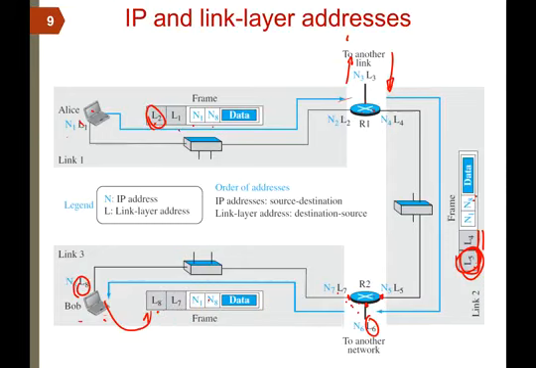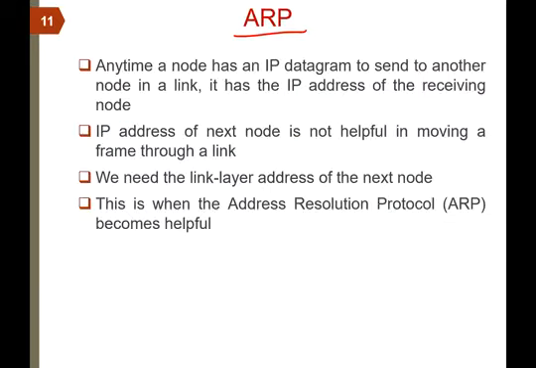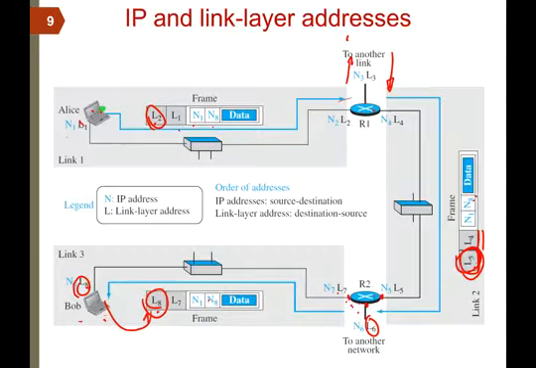We use a protocol called ARP, Address Resolution Protocol. Anytime a node has an IP datagram to send to another node in a link, so we have node and node, and this is a link, we'll need ARP.